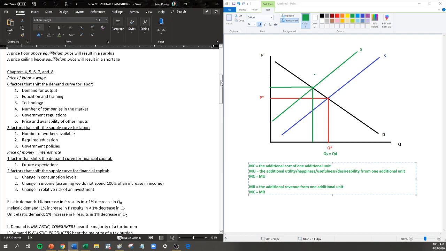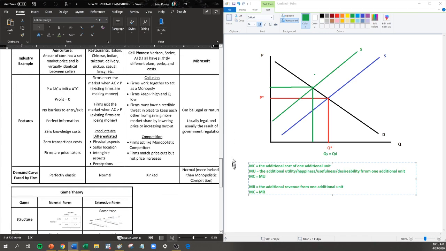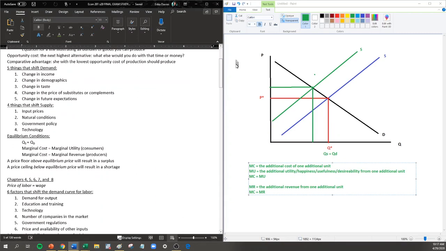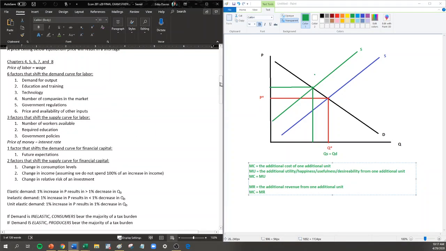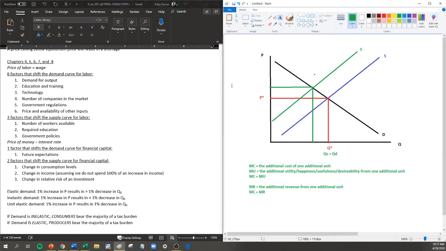So far we've been talking about the market for goods and services. We've been talking about buying and selling grape jelly, buying and selling beer, coffee, dog walking services, lawn mowing services. Now we're going to be talking about what happens if we're buying and selling labor.